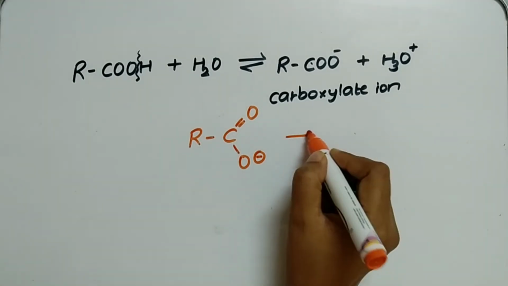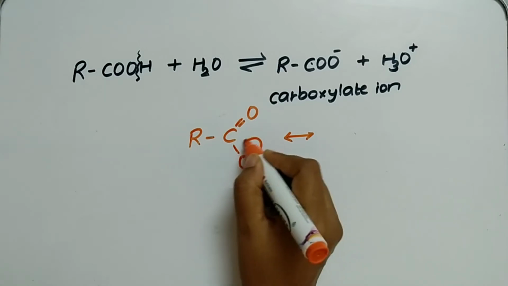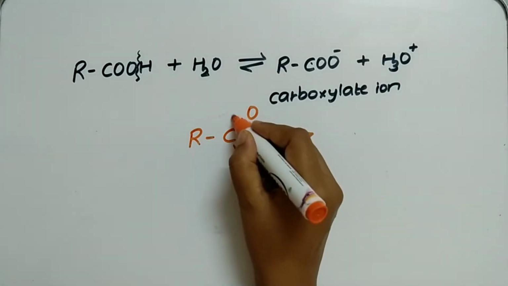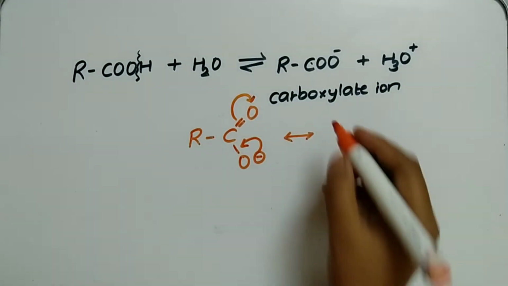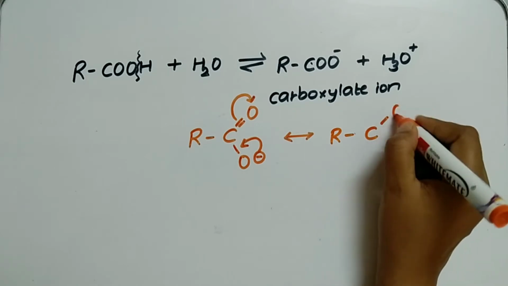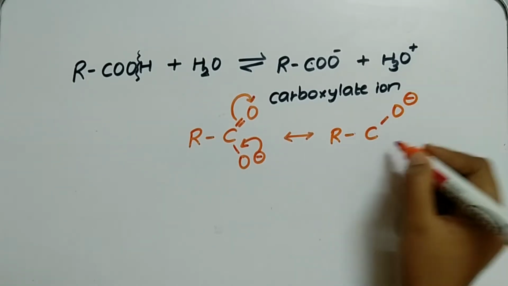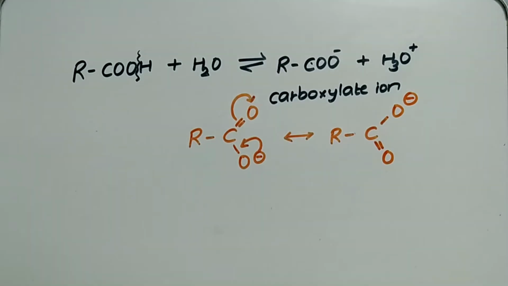Now if we draw the resonating structures, this electron will go to the bond, and the bond will shift as electrons onto oxygen. So the second resonating structure will be single bond oxygen having a negative sign, and here oxygen attached to carbon with a double bond. So these two are the resonating structures of carboxylate ion.